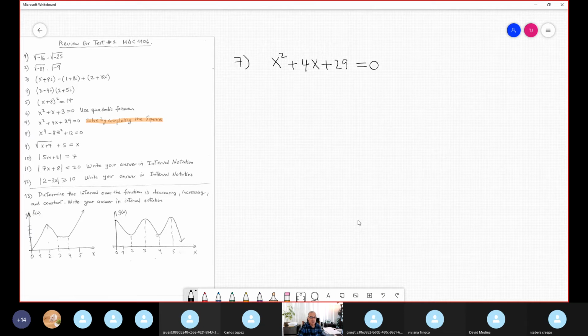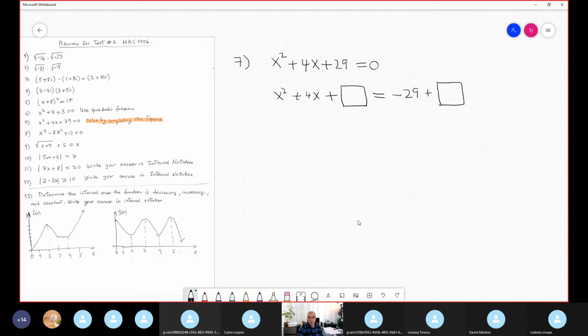Okay, the equation is already expressed in standard form, nice. However, 29 is completely useless. I don't like this. You organize it in that way. x squared plus 4x plus a box equals, I move 29 to the right hand side, plus the box.